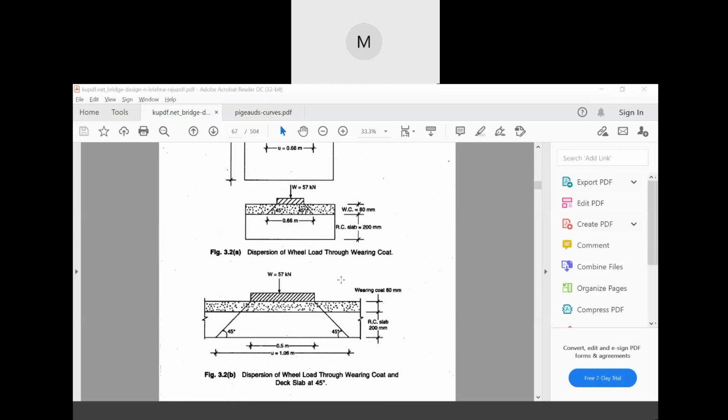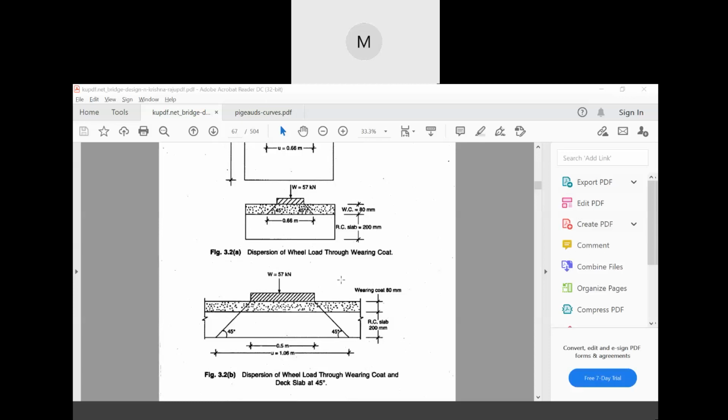Now, if you can see here, first of all, the question is given as what? You will have to find out the dispersion of wheel load for different cases.